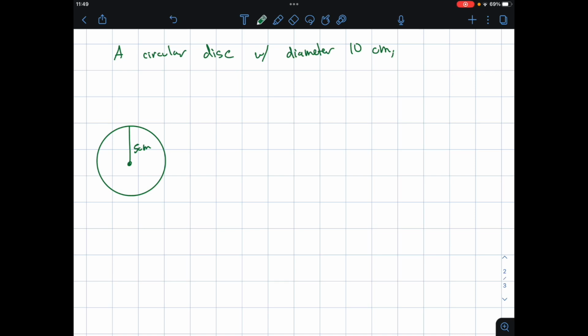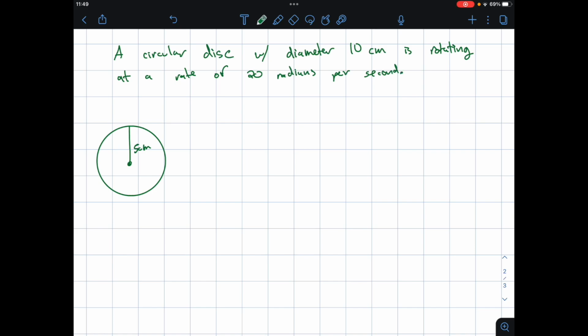And let's say it is rotating at a rate of 20 radians per second.